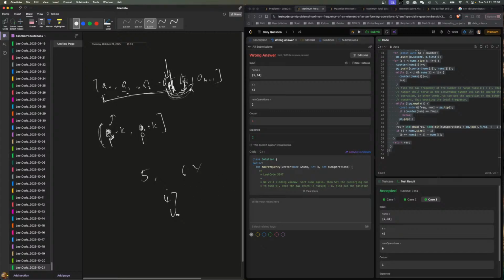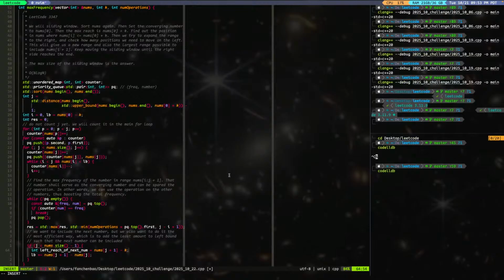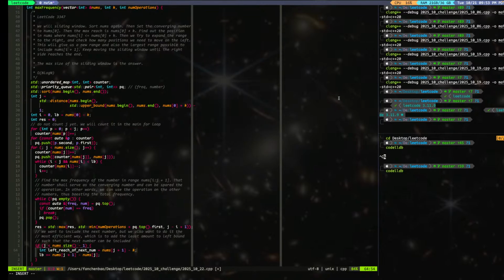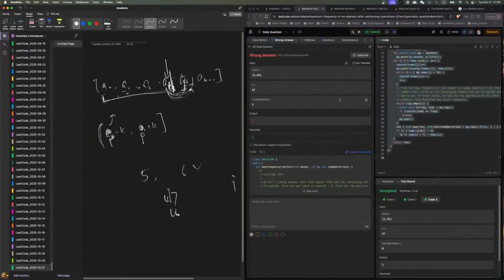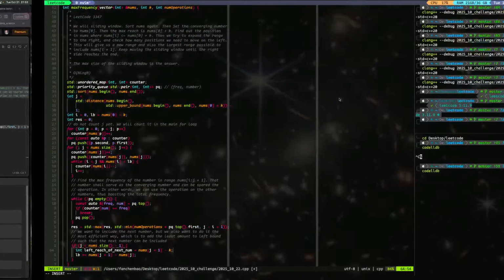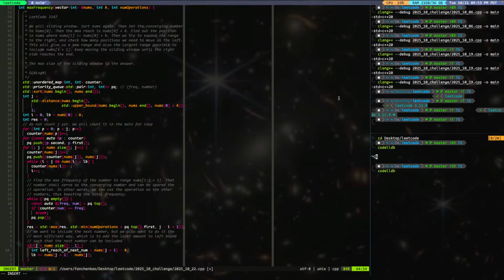So this is the range, the original range that we have on the right hand side. So here we say the left bound is, this is actually not true, right? But how do we check? No, hold on.